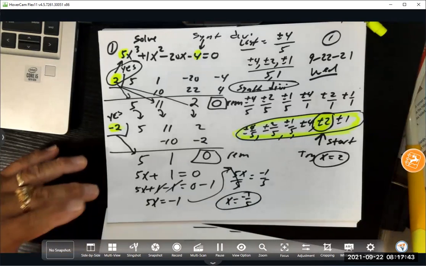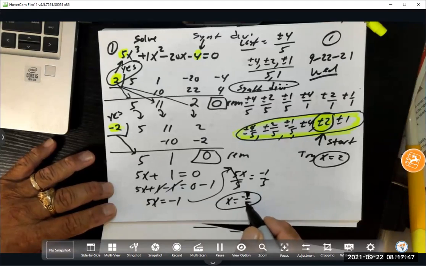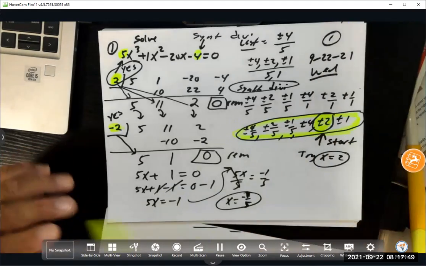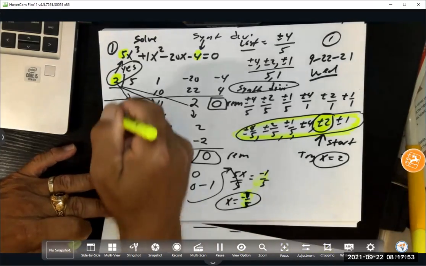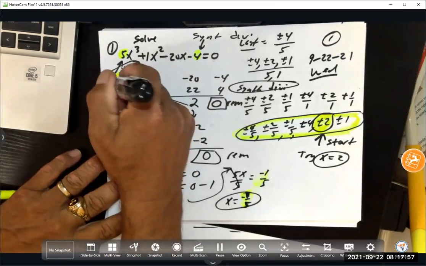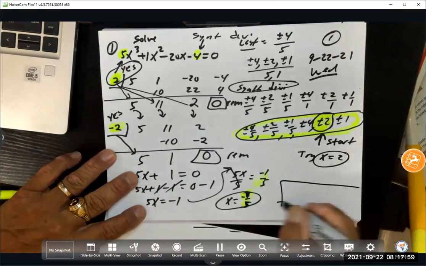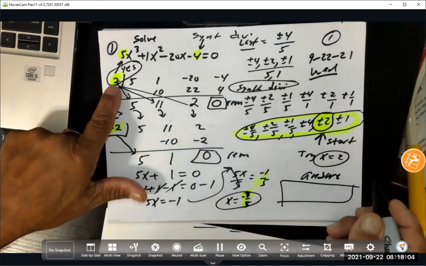So now, when I look at these answers right here, I have this negative 1/5, I have a 2 and I have a negative 2. So in my answer box over here on the side, what do you think goes in the answer box? Does positive 2 go in there?